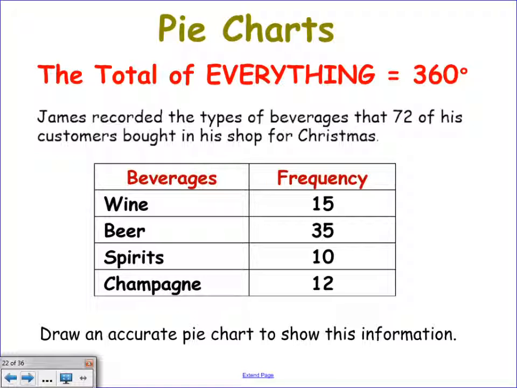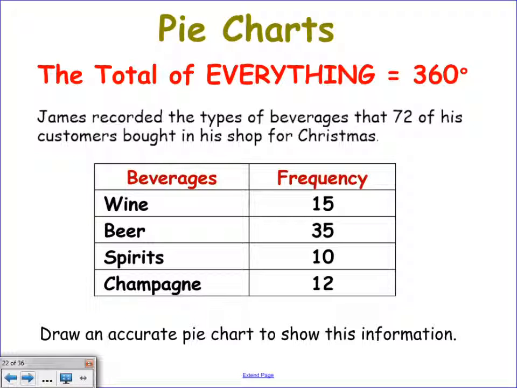So to find out what one customer is worth as part of my pie, I've got 72 people going into 360 into the pie. So that works out as 5 degrees. They will give you nice round numbers. They won't say 2.17 degrees. It's horrible to plot. Okay. So each customer is worth 5 degrees.